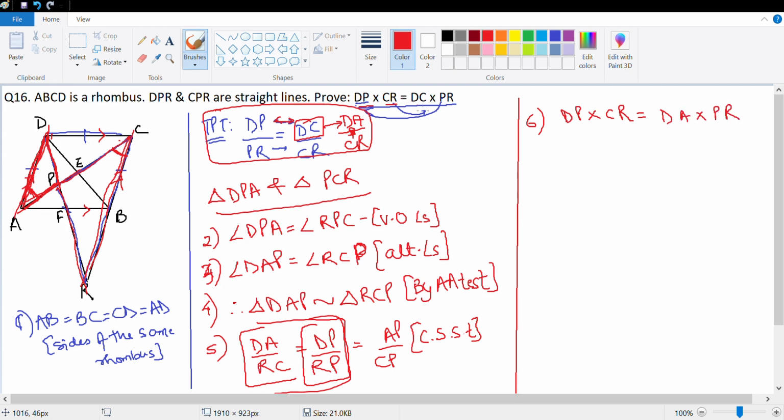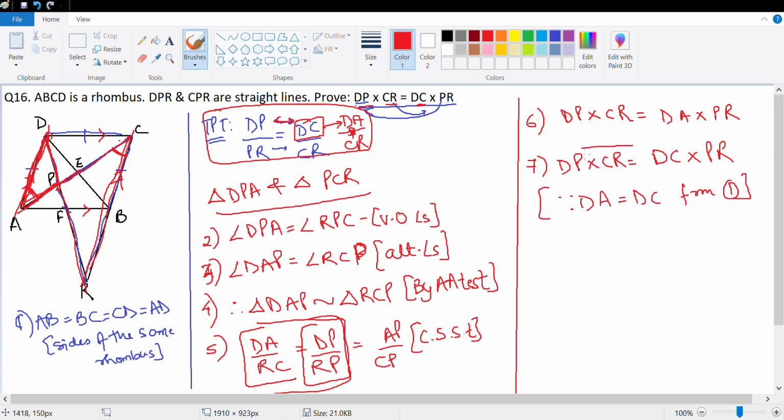But I noticed that instead of DA they wanted DC, so let's write that as well. Therefore DP into CR is equal to DC into PR, since DA equal to DC from 1. So that's what they wanted us to prove, and we've been able to do it.